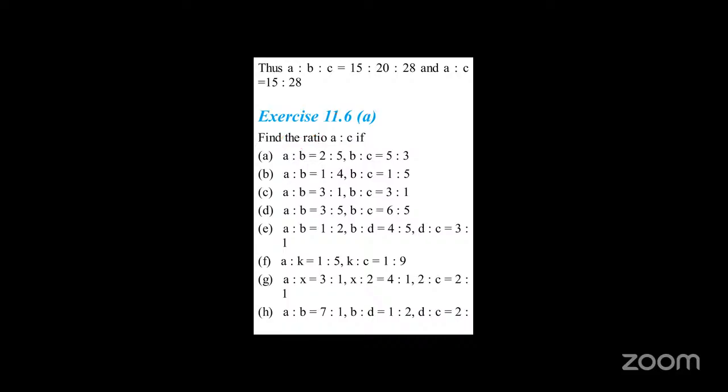So E, we have A ratio B, which is equal to 1:2. And then we have B ratio D is equal to 4:5.